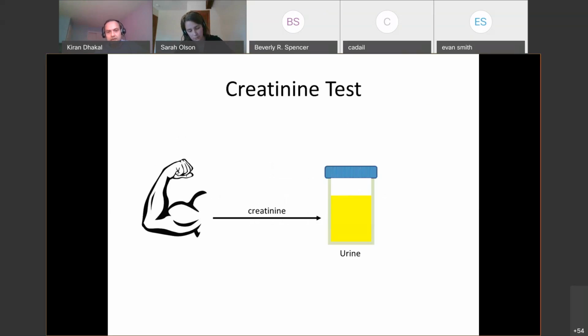Creatinine is a small metabolite present in our body and in our blood that gets into the urine. It is formed in our muscle from everyday wear and tear, and is present in the urine at a very high concentration, around 80 to 200 milligram per deciliter.